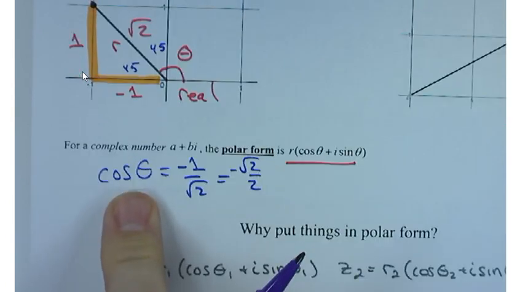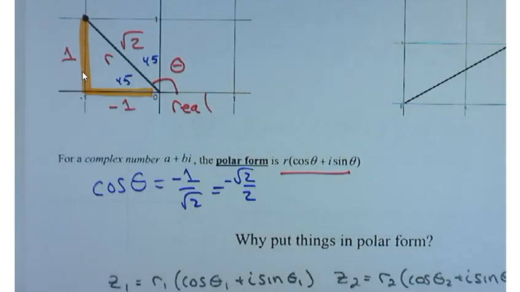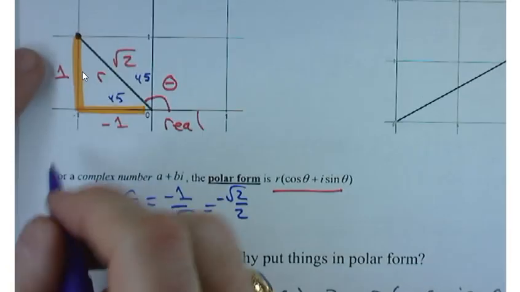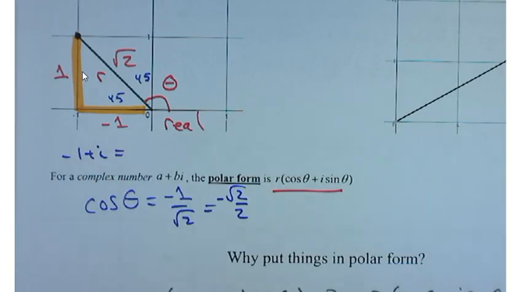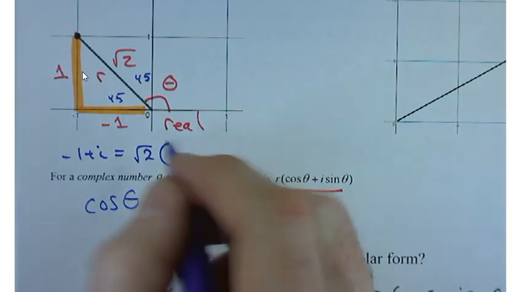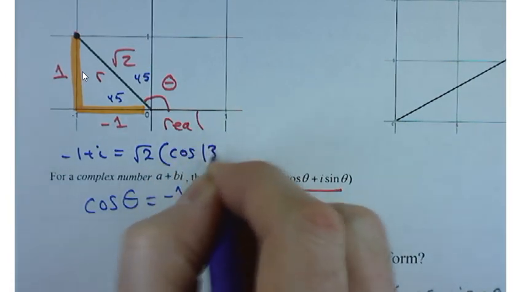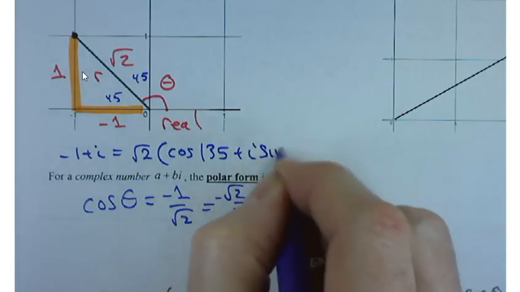What angle has a cosine of -√2 over 2 in the second quadrant? 135. So this point, -1 plus i, could also be rewritten as the square root of 2 times cosine of 135, plus i times the sine of 135.